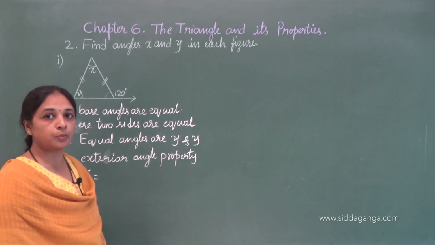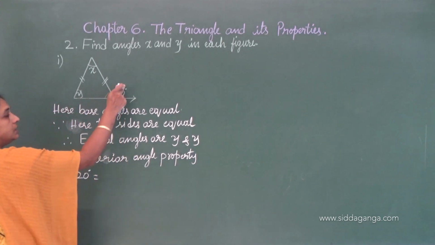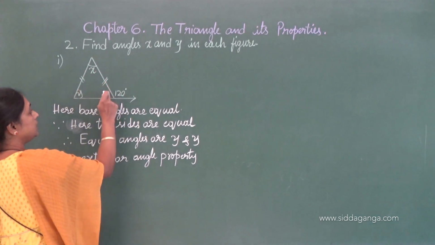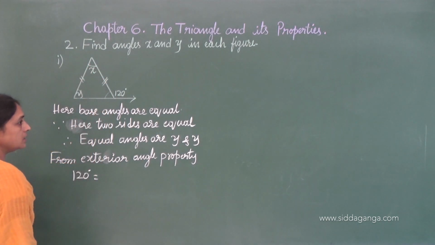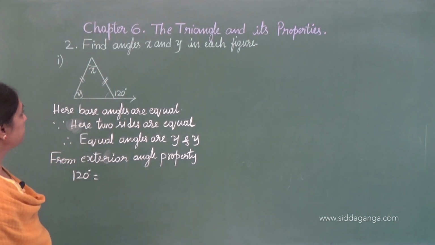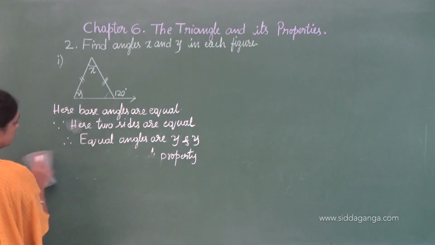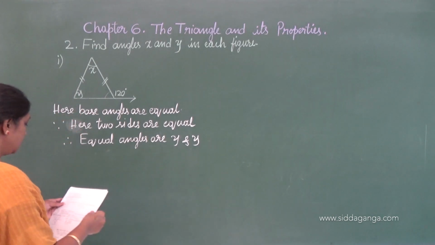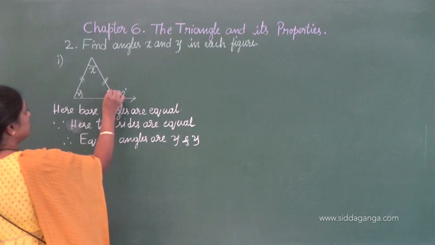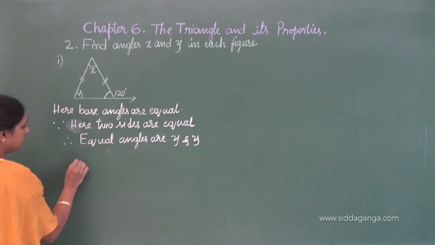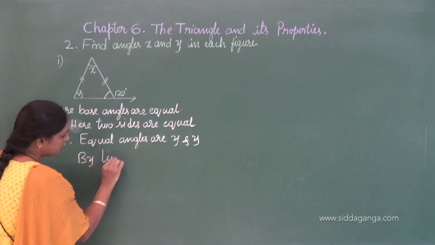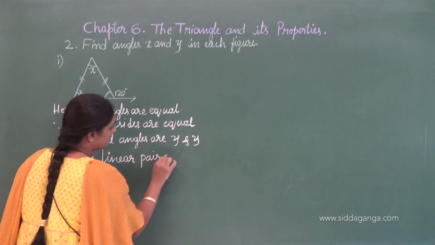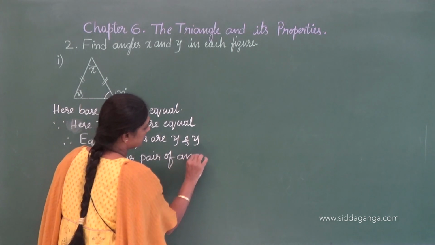What it tells, this property, it tells that exterior angle is equal to the sum of the interior opposite angles. Okay, before that first we find y. Here we can use the linear pair of angles.